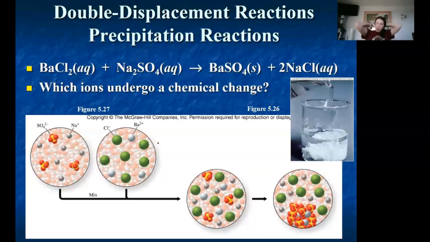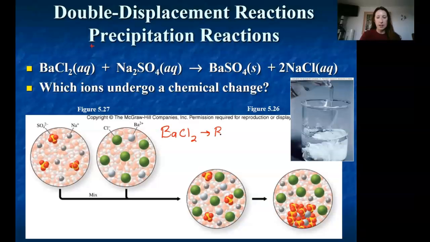Okay, so if we look at what happens here, we're going to talk about what aqueous means and what happens. So this barium chloride is going to separate into Ba2+ and 2 Cl minuses. So I'm going to actually expand this a little bit more. And this skill right here, if anybody's going beyond 209, is extremely important in 219 and in 229.